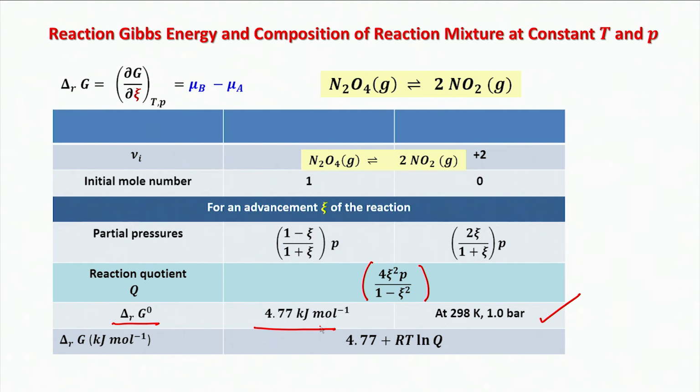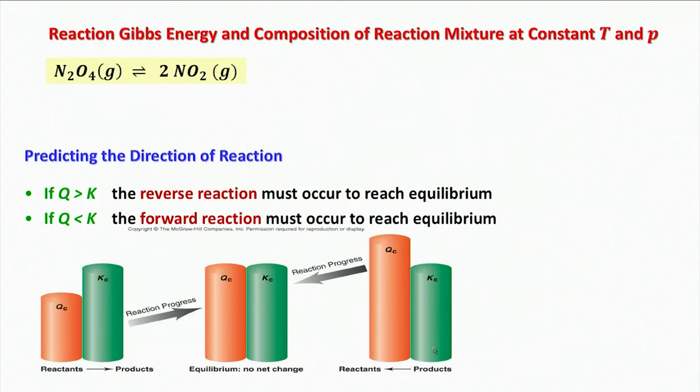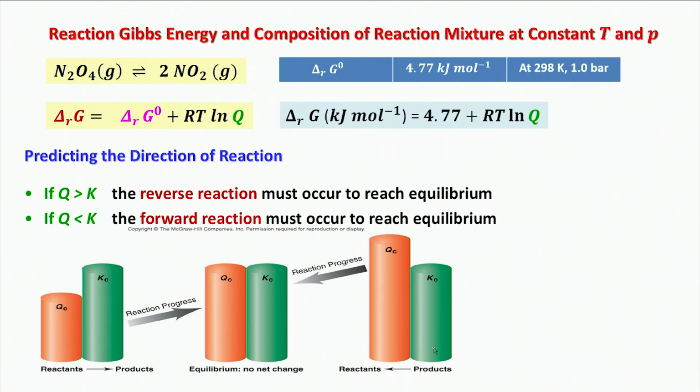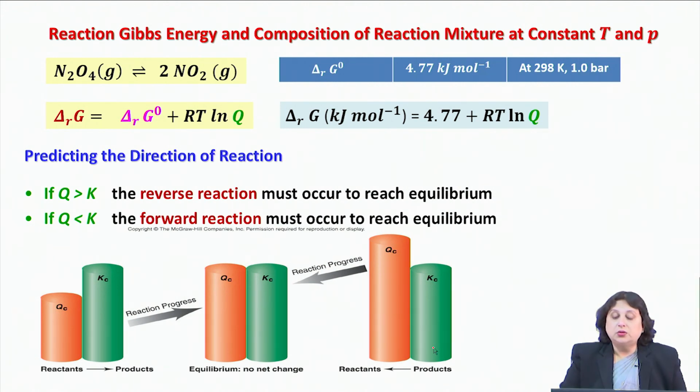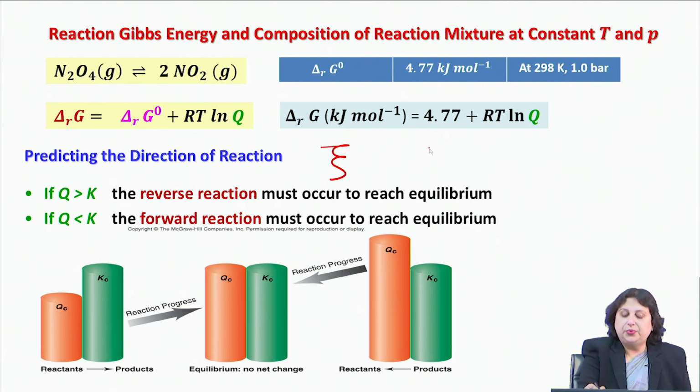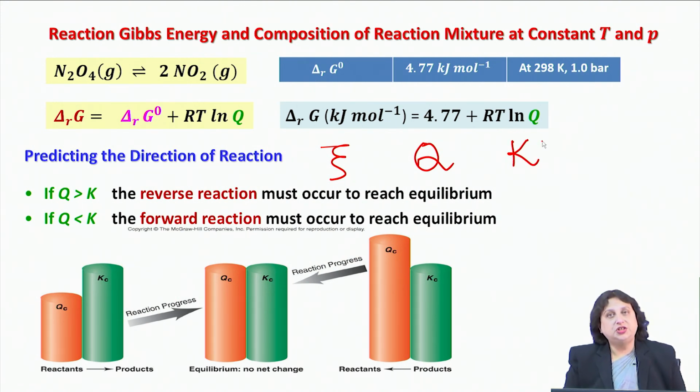Then you can immediately say that for an advancement ξ of the reaction, ΔrG is 4.77 plus RT ln Q. Now, when I have this particular situation at hand, that I know the ΔrG0 and I also know what ΔrG is going to be, I can now, for different values of ξ, compute the corresponding value of Q, and from ΔrG0, I can find out what K is. And with this information, I can predict the direction of reaction.